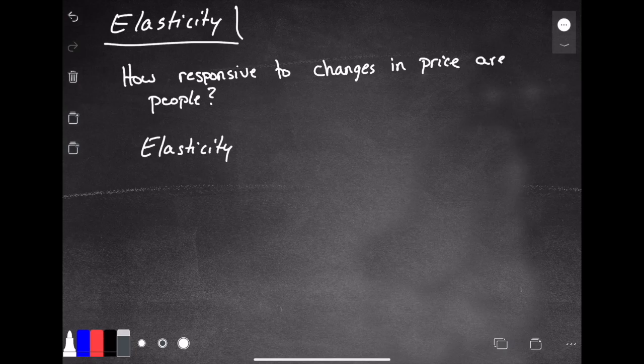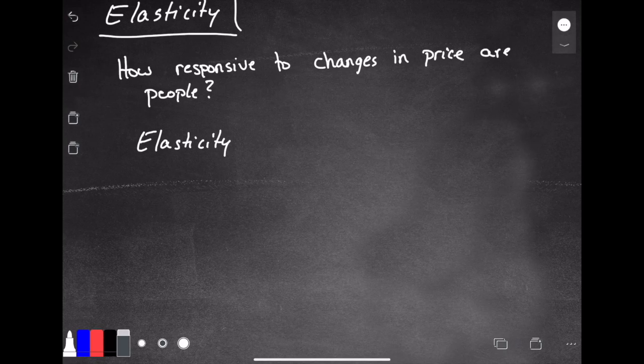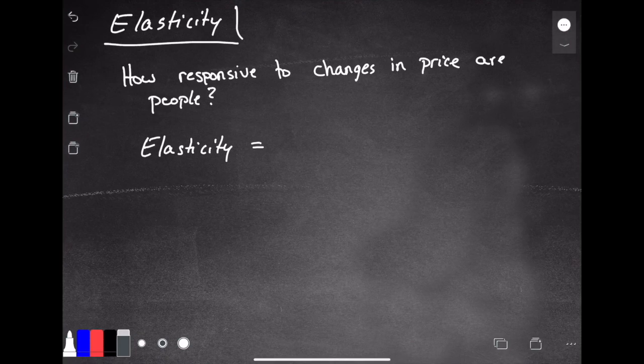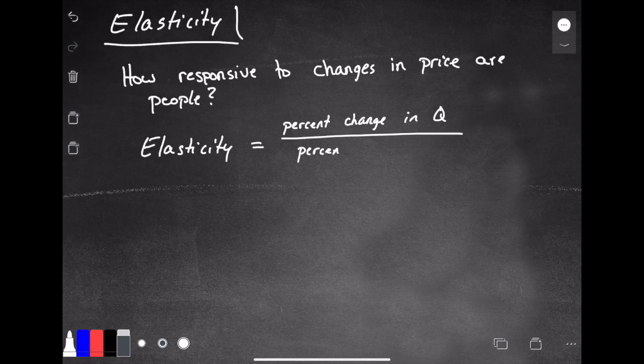What it's equal to is mildly complex. Sounds a lot more complicated than it actually is. It's the percent change in quantity divided by the percent change in price.